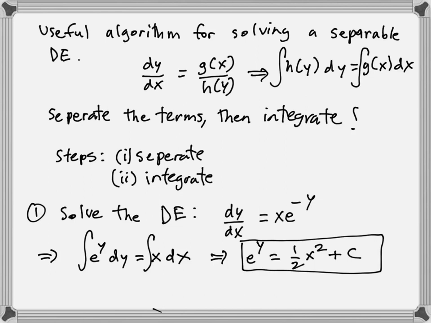Now we can solve for y if we want to. You don't have to do that, but if you want to solve for y, if you take the natural log of both sides, you get y equals the natural log of 1/2 x squared plus c.